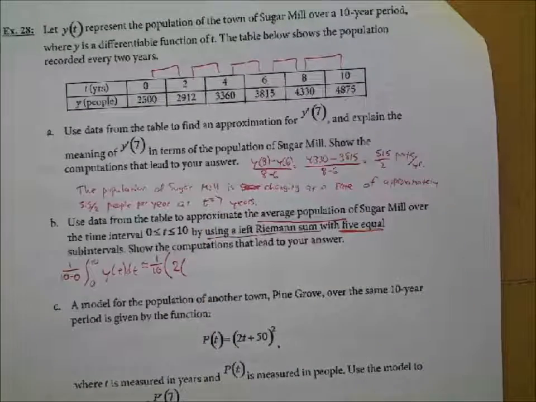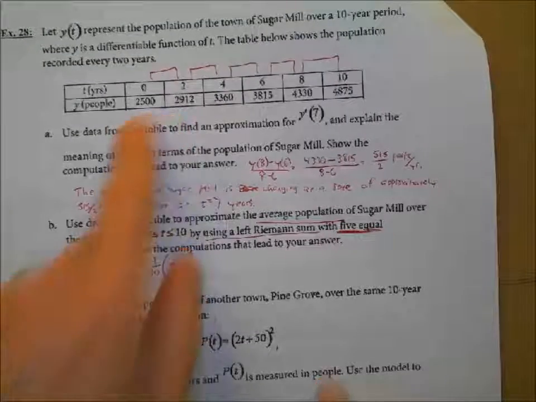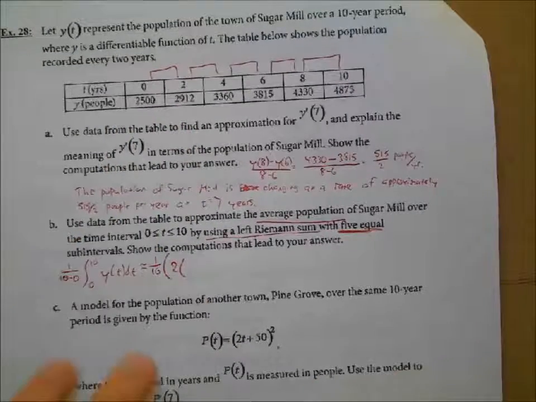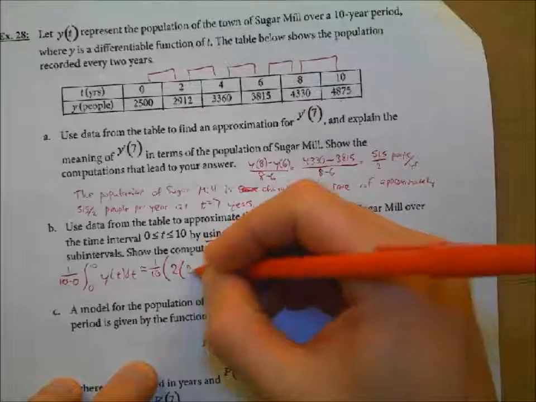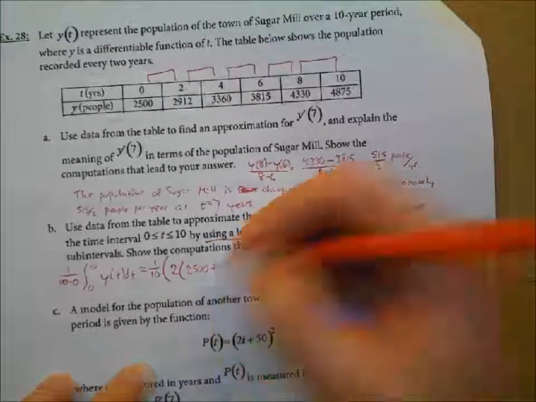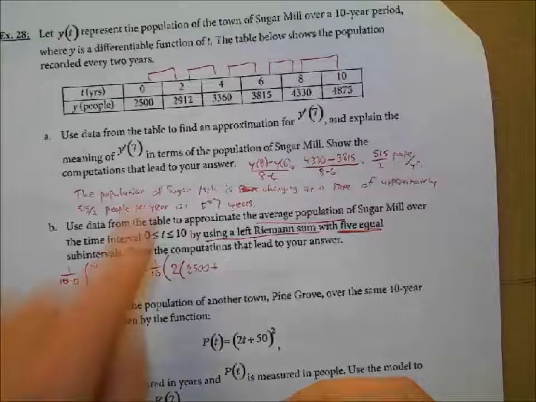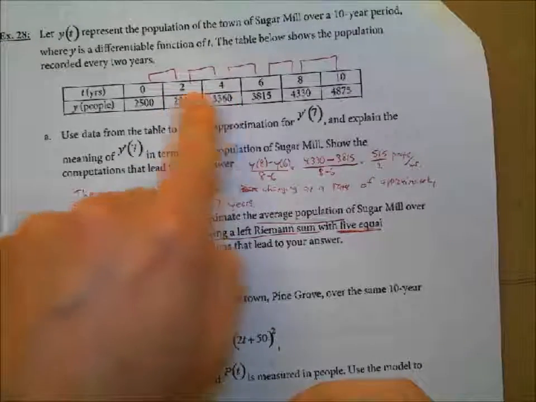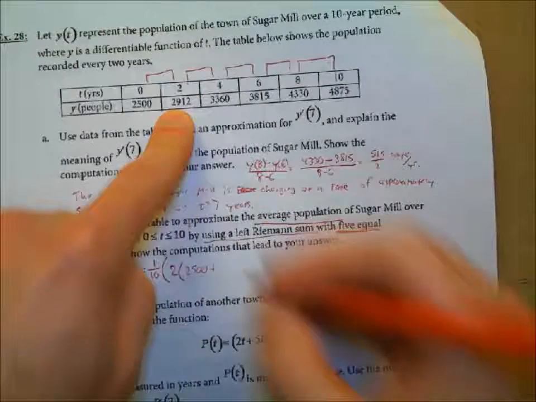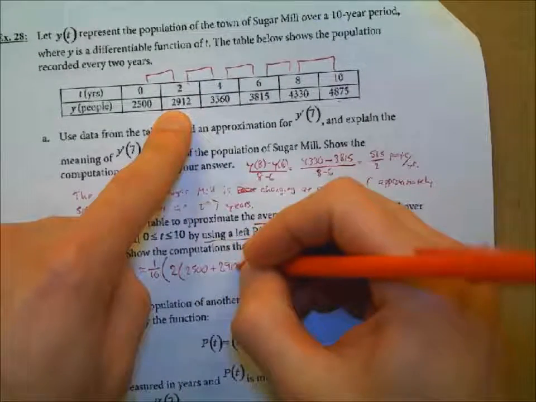And we're just going to do all the left endpoints. For our first interval, what's the left endpoint's height? Yeah, 2,500. And we're going to add to that. For the next interval, from 2 to 4, what's the left endpoint's height? Yep, 2,912. And so on and so forth.